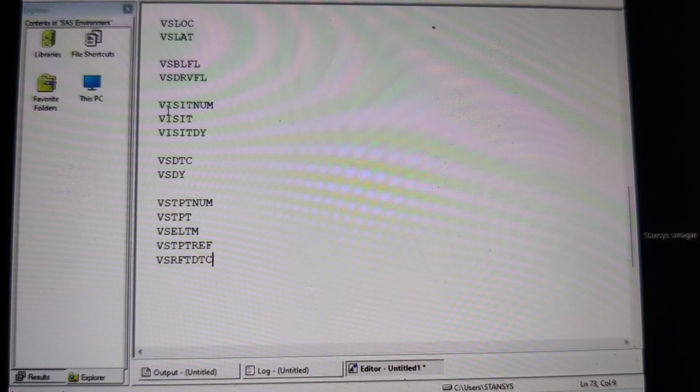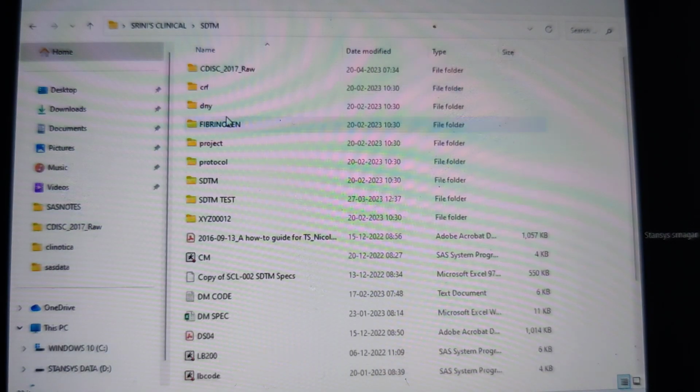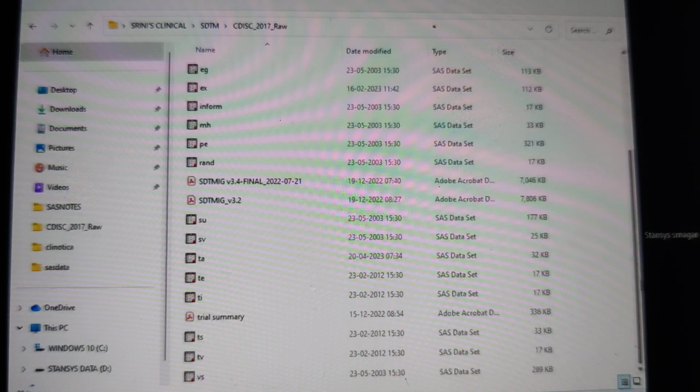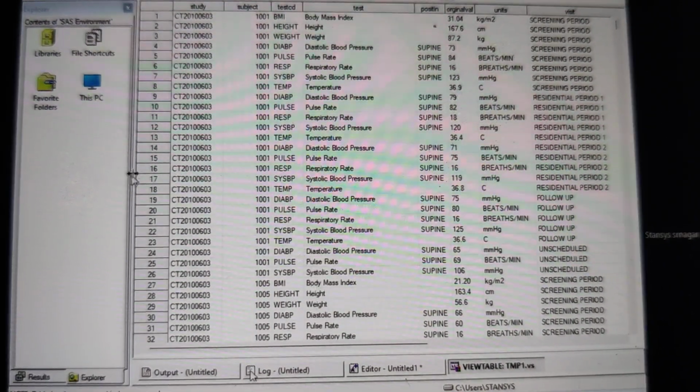These are the 5 protocol planned timing variables, and these are the variables we are going to have in vital signs. This is the order set that we have with us for vital signs.